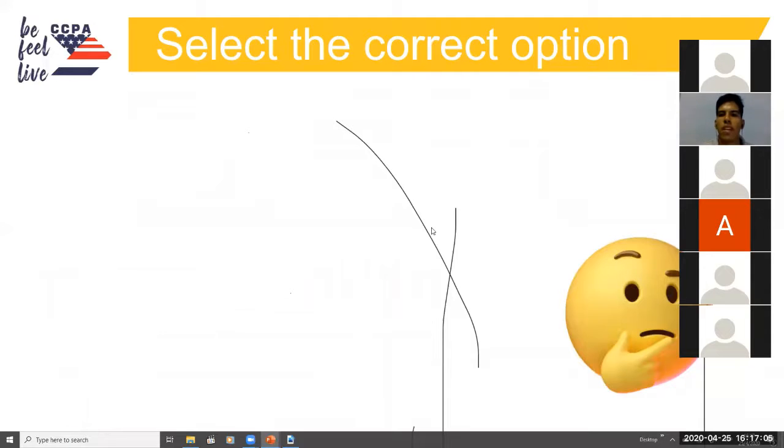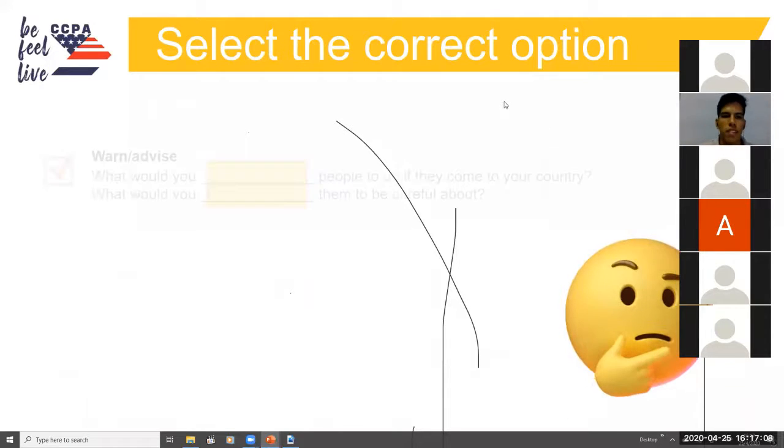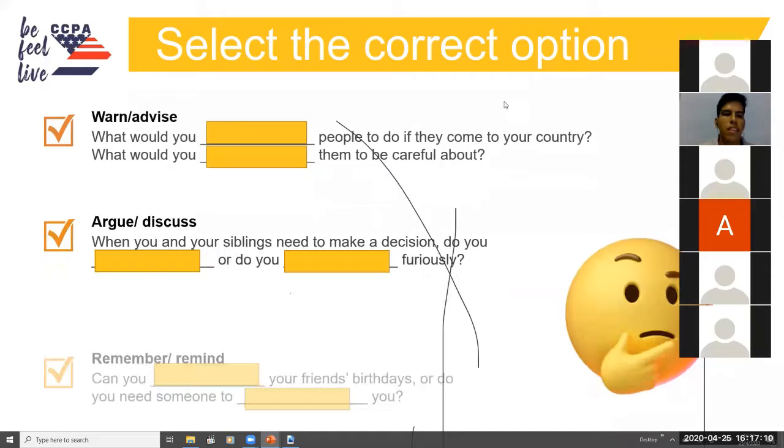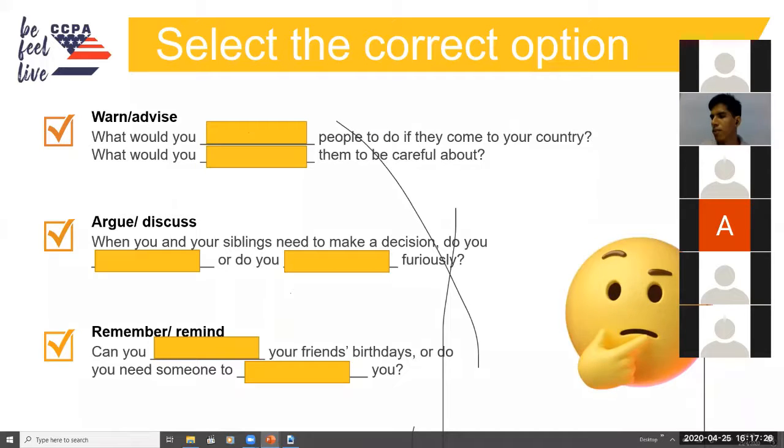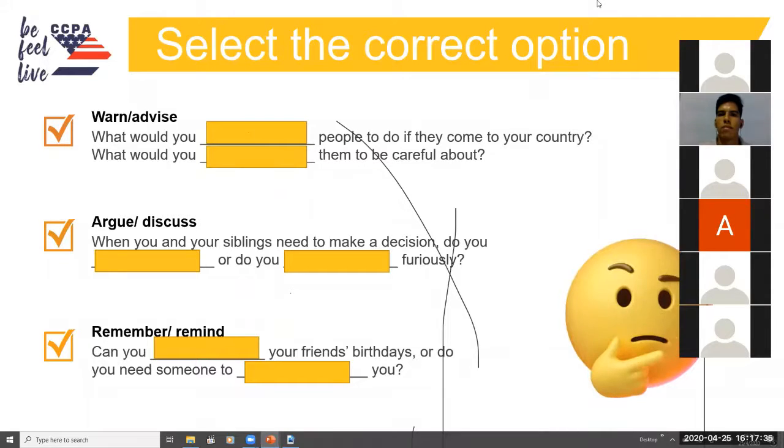Now, we have here 3 series of questions. So I'll give you, how about 2 minutes to think about the correct word to complete, and then we're going to do it together, okay? You have 2 minutes, starting now. If you have any questions, just let me know through the chat.